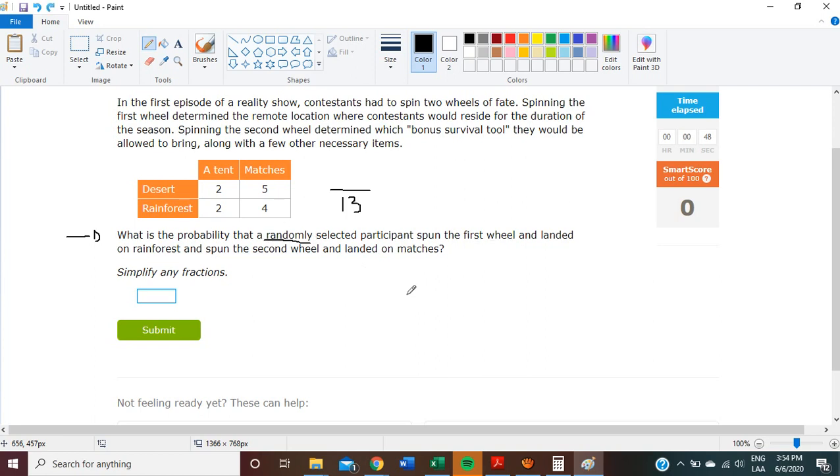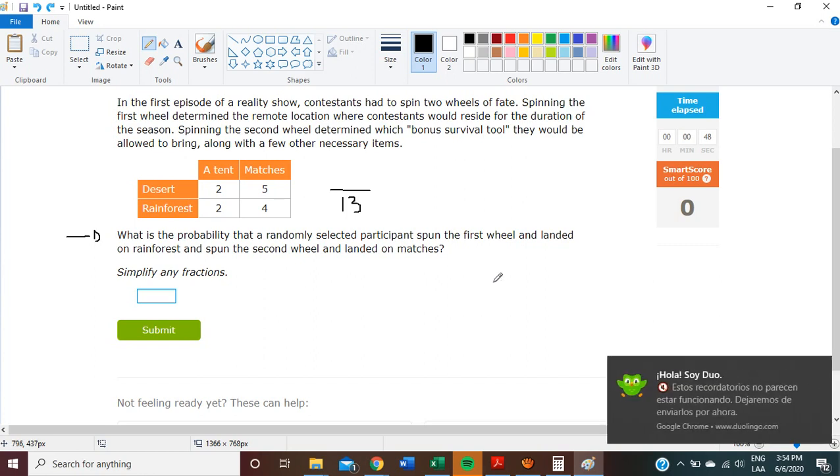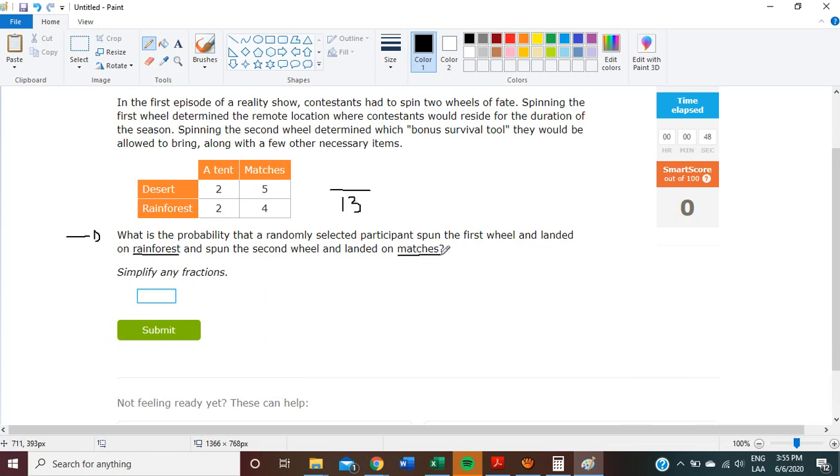Okay, so let me just underline the keywords that you need to pay attention to. The first one is rainforest and the second one is matches. Okay, so rainforest, which is right here, and matches. So what is the probability that the contestant will spin that in there?